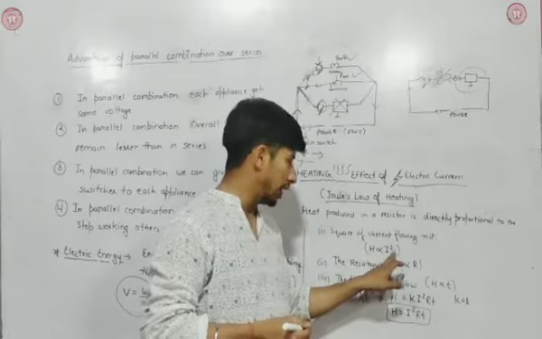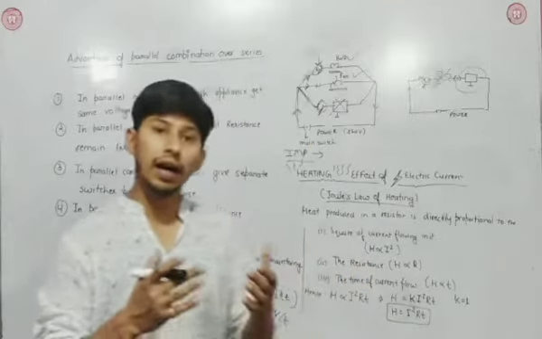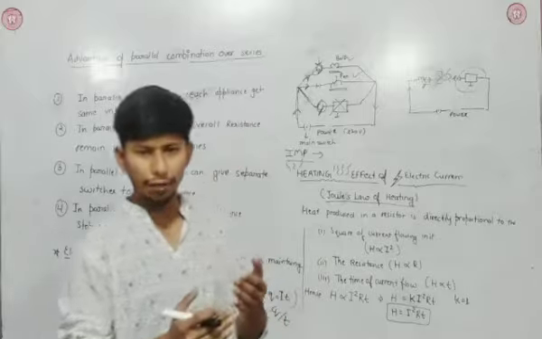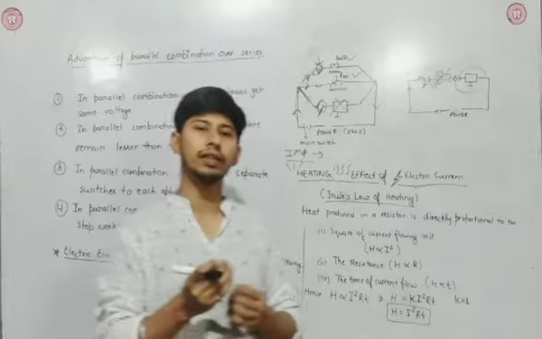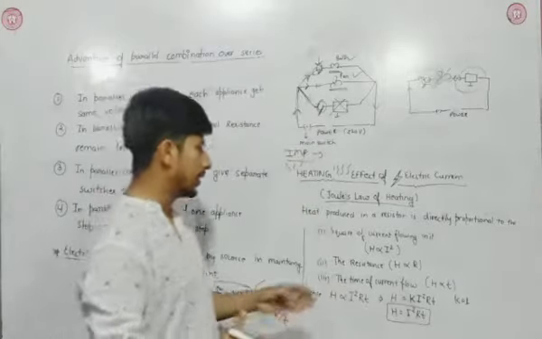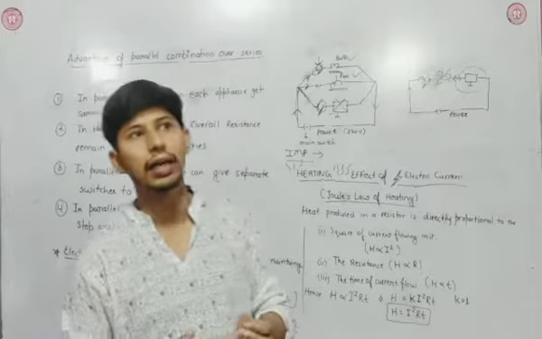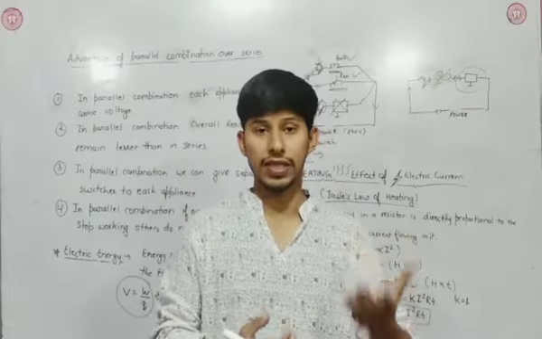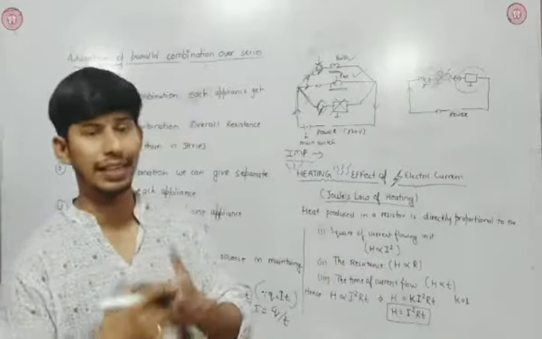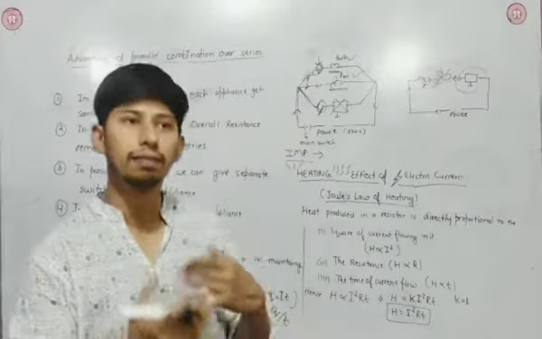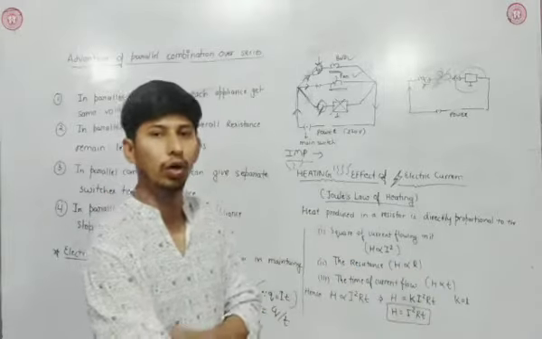H is directly proportional to square of I. Square of current. So if you want to increase the heating effect, you will have to increase the amount of current passing through that resistance. Right. Second is the value of resistance. If you increase the resistance, like if you take 1000 ohm instead of 100 ohm, there will be more heating. If you take 10,000 instead of 1000, even more heating will be created. And if you take a 10 lakh ohm resistance, the heating will be more and more. Okay, so H is directly proportional to R. Heat produced is directly proportional to the value of resistance.